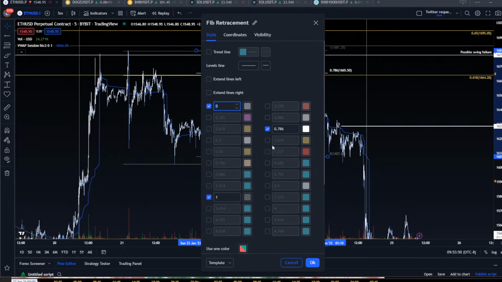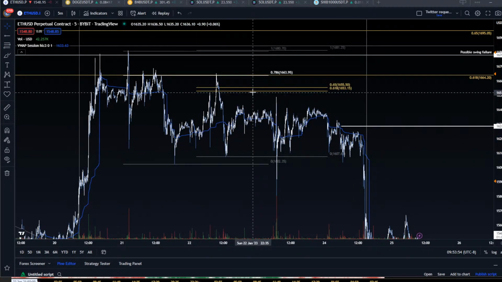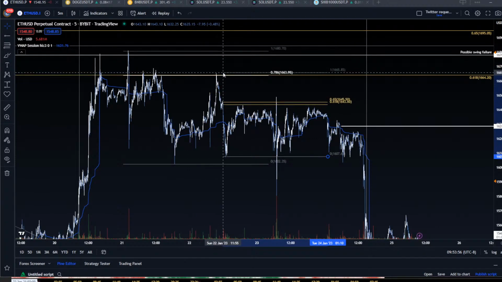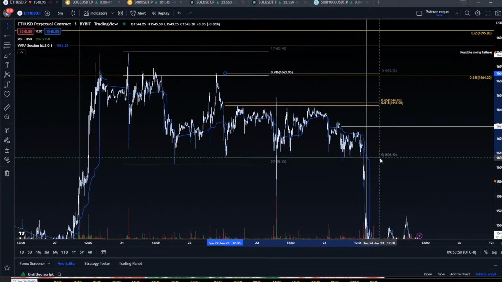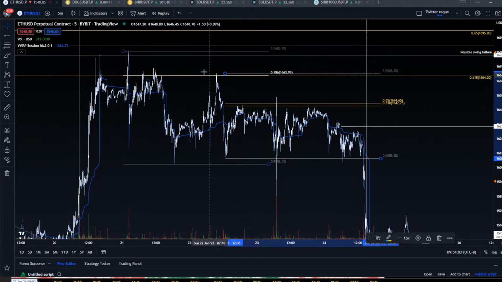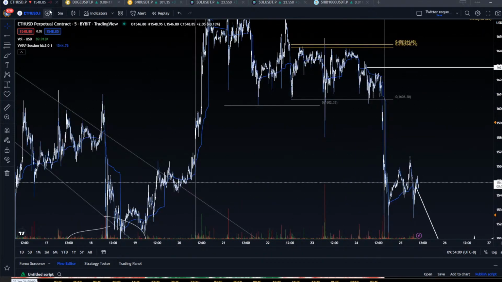We actually have a few ideas here. So at the time, this was the golden pocket from the last pivot high. So 786 from this move, then from this high to this low, golden pocket. That's where we put in our high.